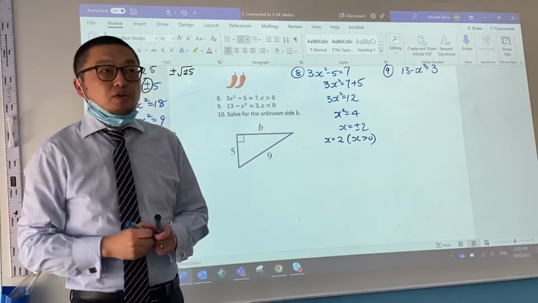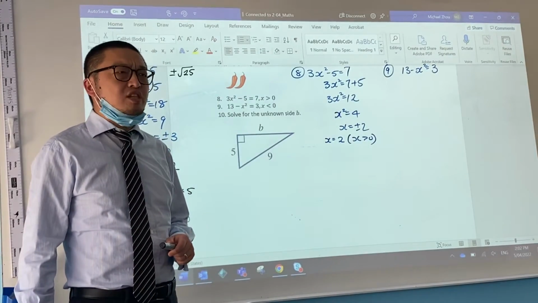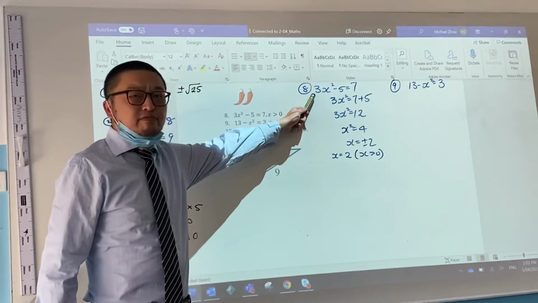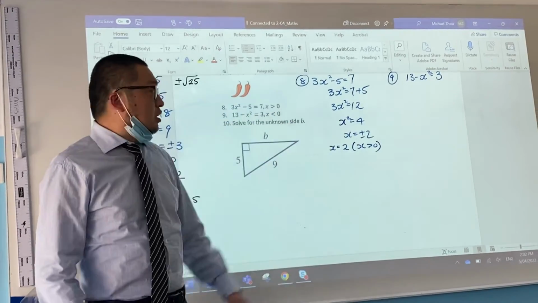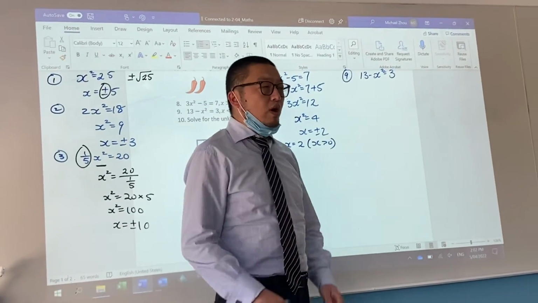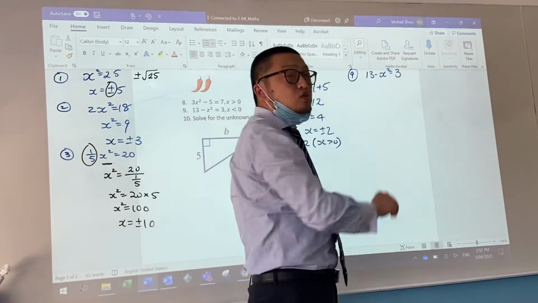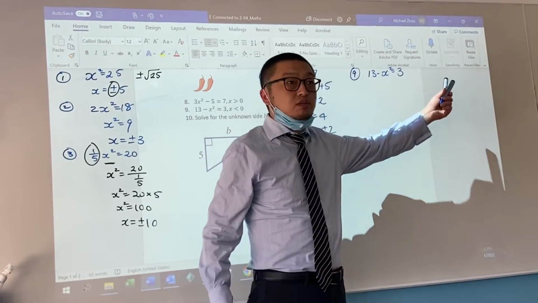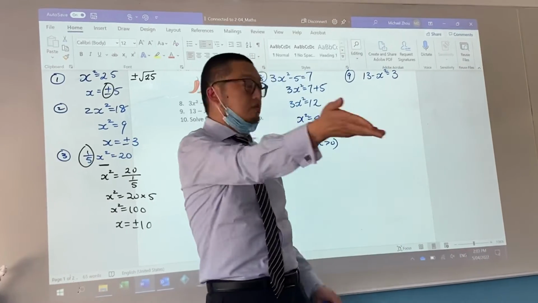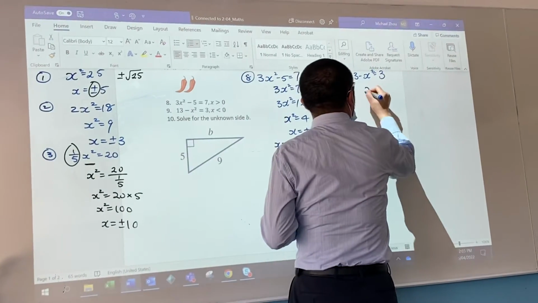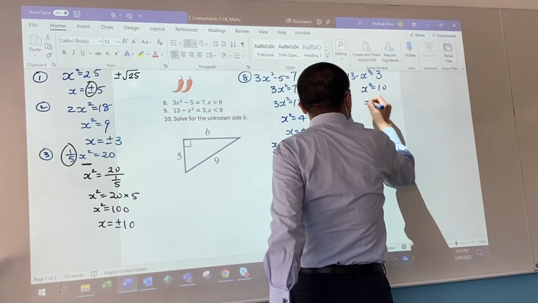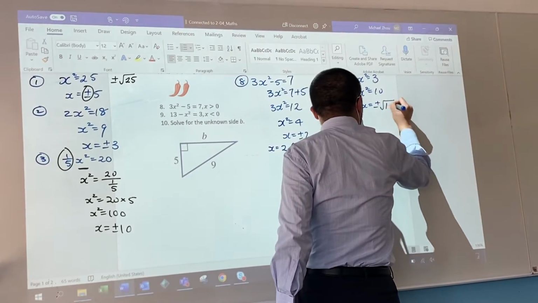This one's a bit strange. X is in the middle, right? Normally, X is at the front. Now, what I have to do is I'm going to cover that. I go 13 minus what gives me 3? Can we work it out in your head? Wonderful. So x squared is 10. X is plus minus square root of 10.